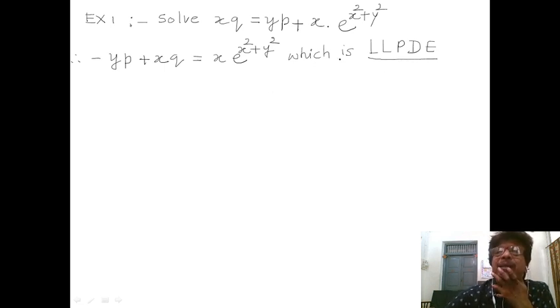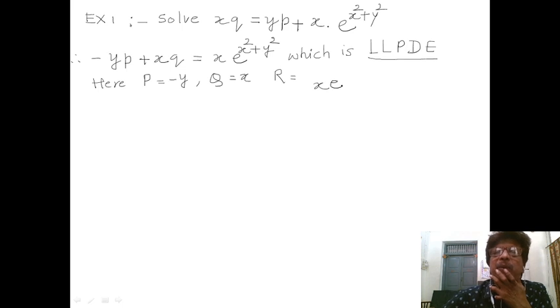So as it is Lagrange's linear partial differential equation, here capital P is the coefficient of small p. It is minus y. Capital Q is the coefficient of small q, it is plus x, whereas the right hand side R is x into e to the power x square plus y square.